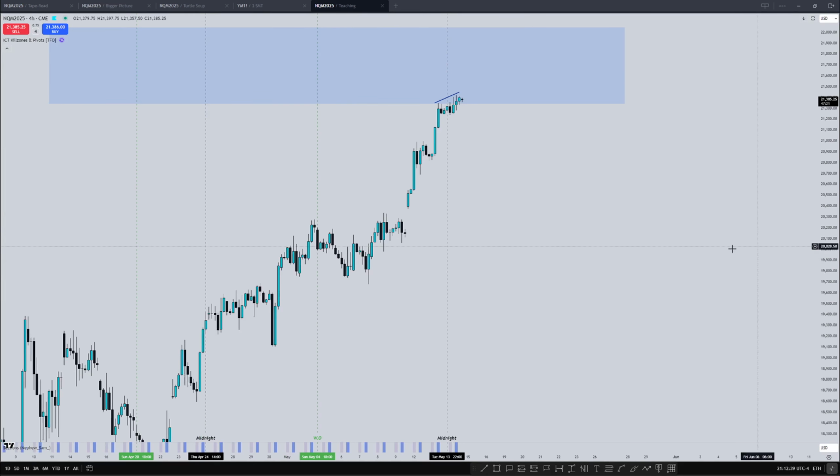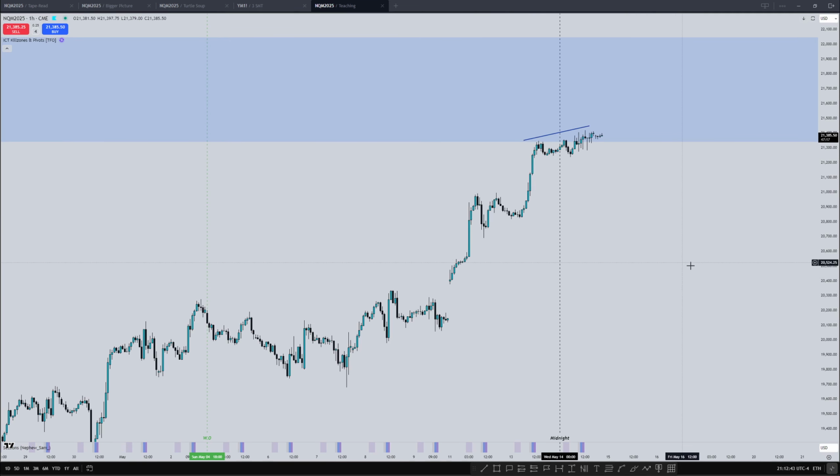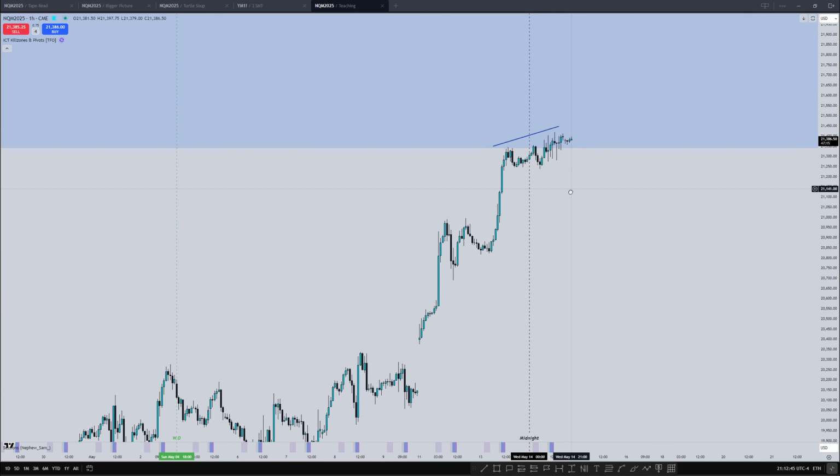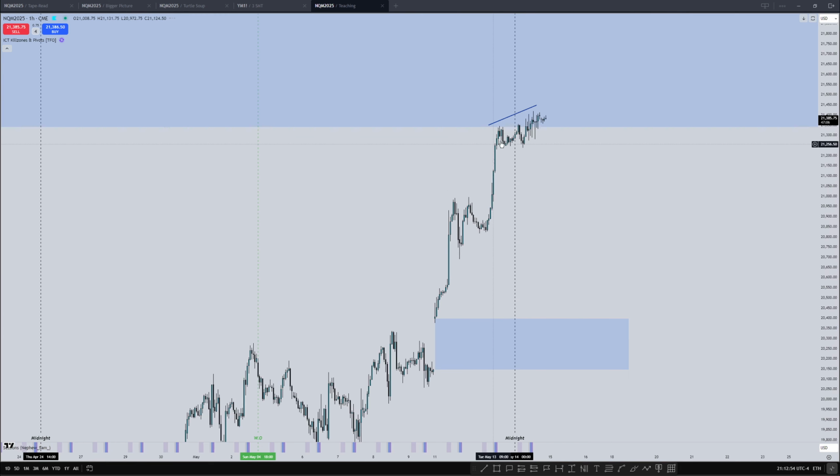And now if we look at the 1 hour chart, we left the new week opening gap open. We just swept buy side, although it was external.